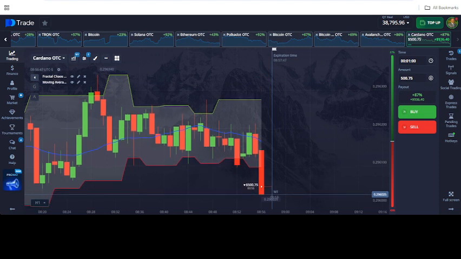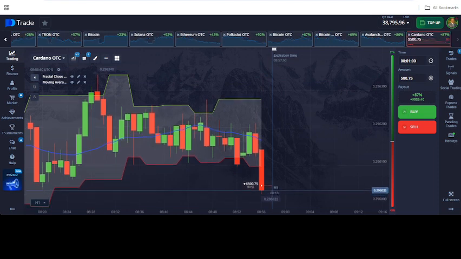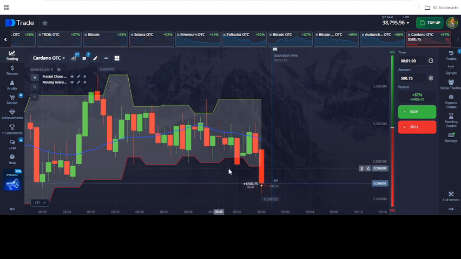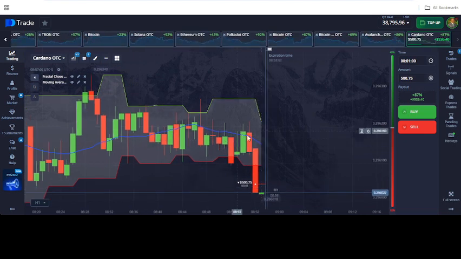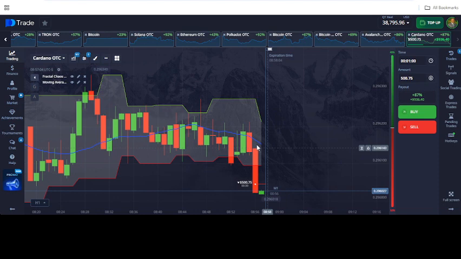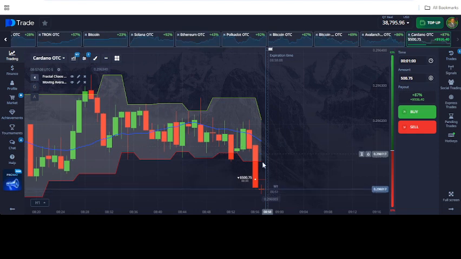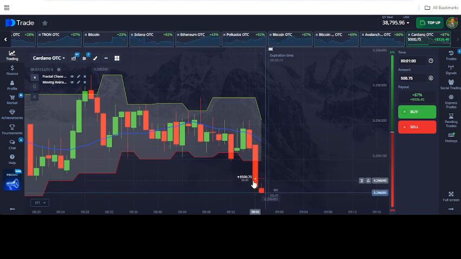Okay, so I'm on Cardano and I just took a sell trade. And the reason why I took the sell trade, first of all, we're seeing the 20 SMA showing a bearish momentum here. The candles have begun to print below the 20 SMA line here. And secondly, this candle closed below the lower boundary of the fractal chaos band.